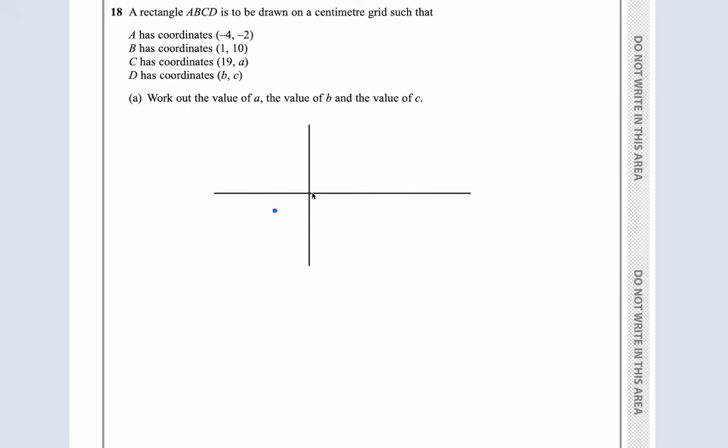Then 1, 10 would be something like this. Then if it's a rectangle, this is ABC, has to be down here somewhere, and D has to be, so let's say this is A, this is A, B, C, D would be somewhere down here because it's a rectangle.